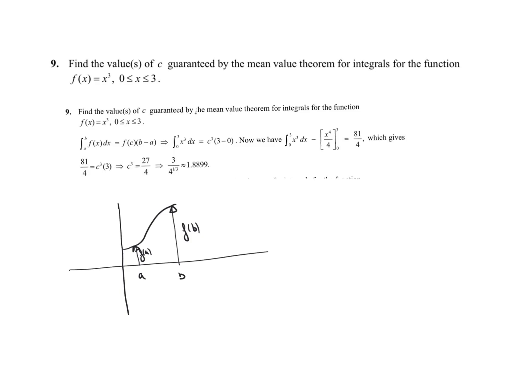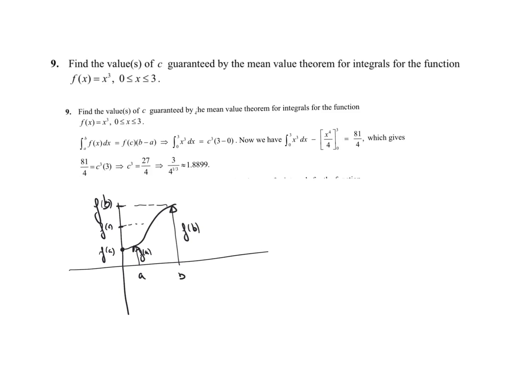What the mean value theorem says is that there exists a point f of c. This point is f of A, and this point is f of c. There exists an intermediate point, the average value, and there exists a point f of c.